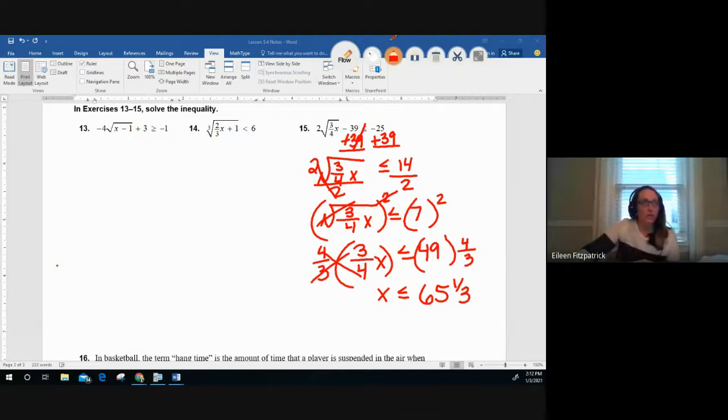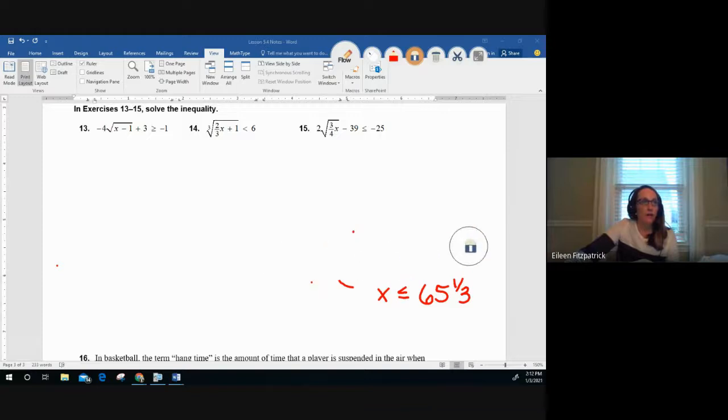All right. So let me go back to the original problem and think. So this is my answer so far, that x can be anything less than or equal to 65 1/3. All right. Well, remember what I said over here. The smallest value you can have under the radical is a 0. Over on this situation, when I plugged in a 1, that's what made it a 0.